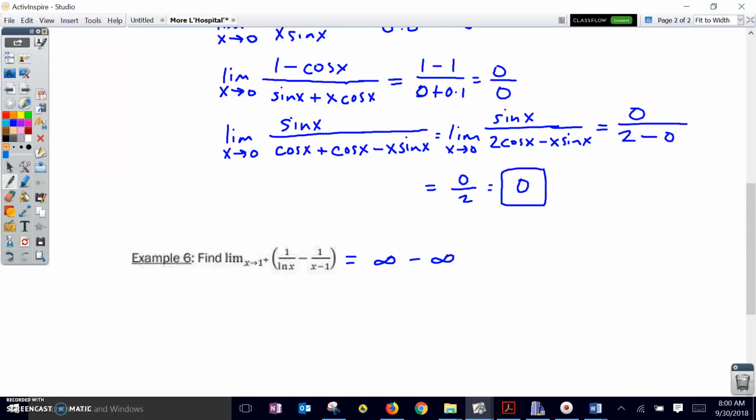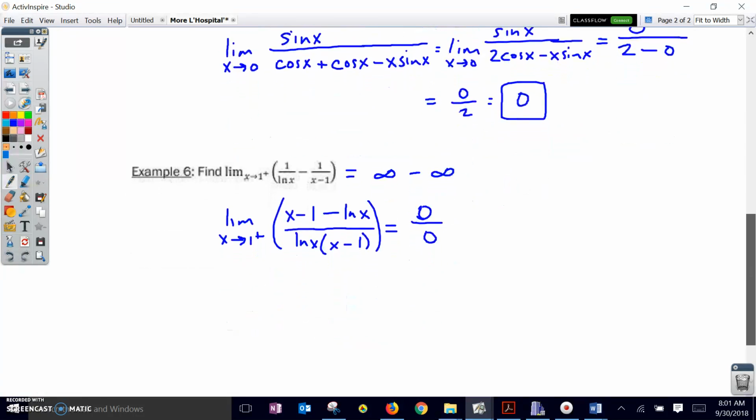So we're going to go ahead and find a common denominator. We've got the limit as x approaches 1 from the right of, and now my common denominator is just going to be the product of those two denominators. And now if I look at what's going on here, I end up with 0 over 0 again.